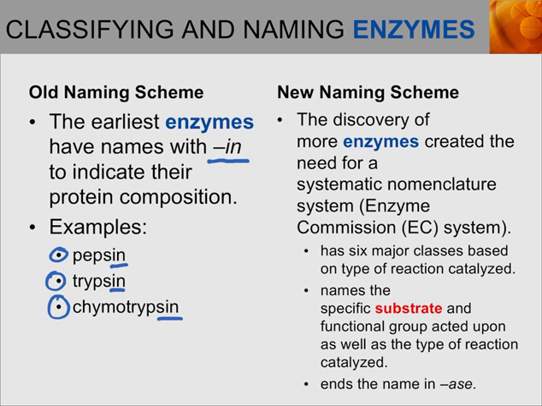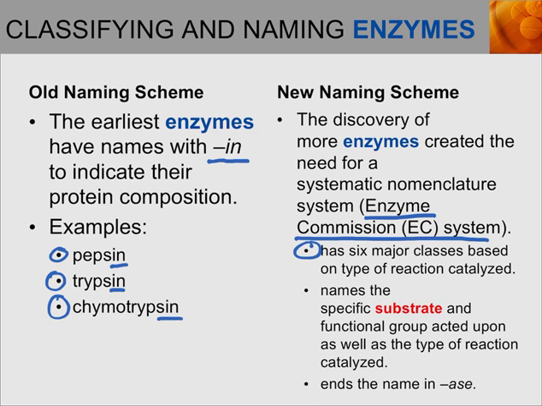But once we discovered more and more enzymes, we needed a better, more systematic way to name them. The new systematic nomenclature system is the Enzyme Commission System, or EC. This has 6 major classes that are based on the type of reaction that's catalyzed, and we'll look at that chart in a second.